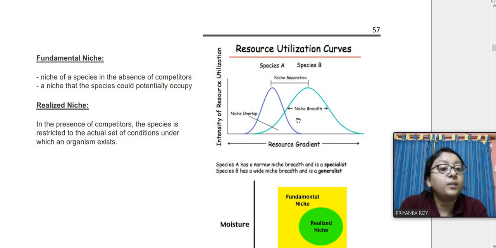Now this is known as the niche breadth, and this from the maxima to this maxima is known as niche separation. What we can say from here is that species A has a narrow niche breadth, which makes it a specialist, and species B has a wide niche breadth, which makes it a generalist.